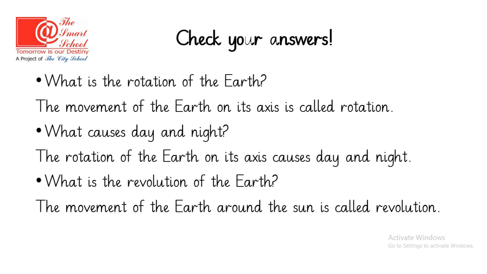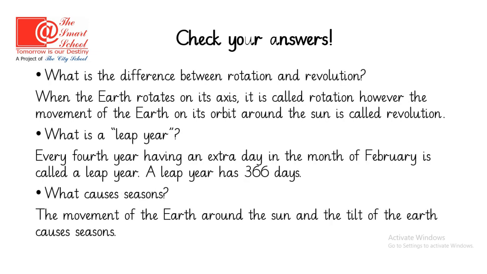The movement of the earth around the sun is called revolution. What is the difference between rotation and revolution? When the earth rotates on its axis, it is called rotation. However, the movement of the earth on its orbit around the sun is called revolution.